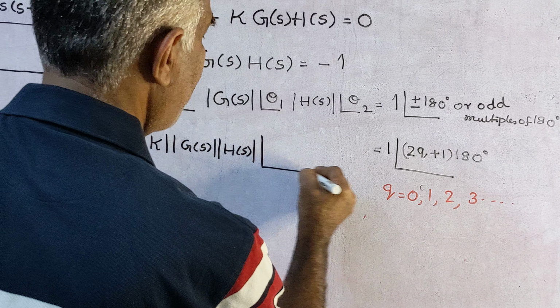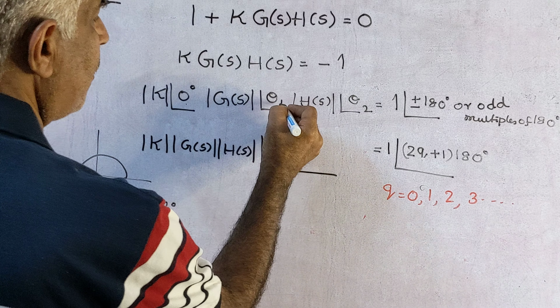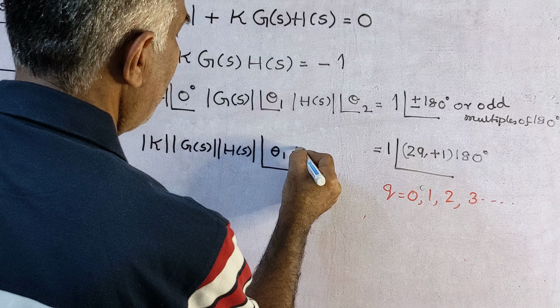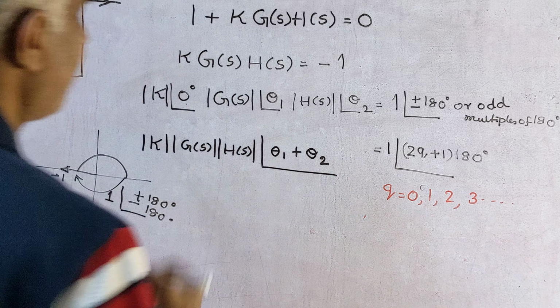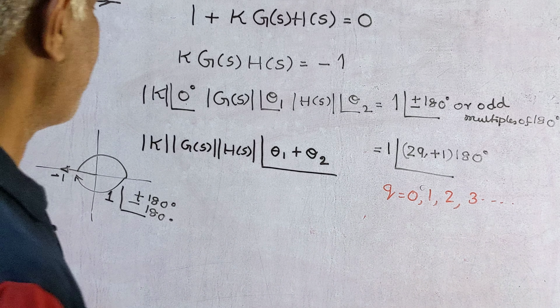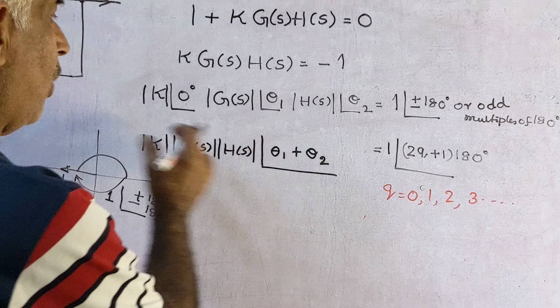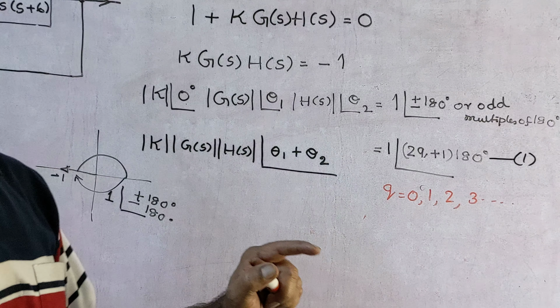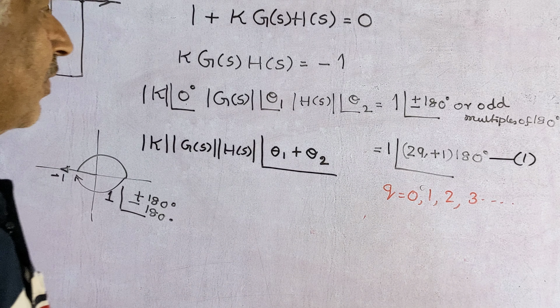Then angles 0 plus theta 1 plus theta 2 are simply theta 1 plus theta 2. Now this is the equation to understand the theory of root locus.